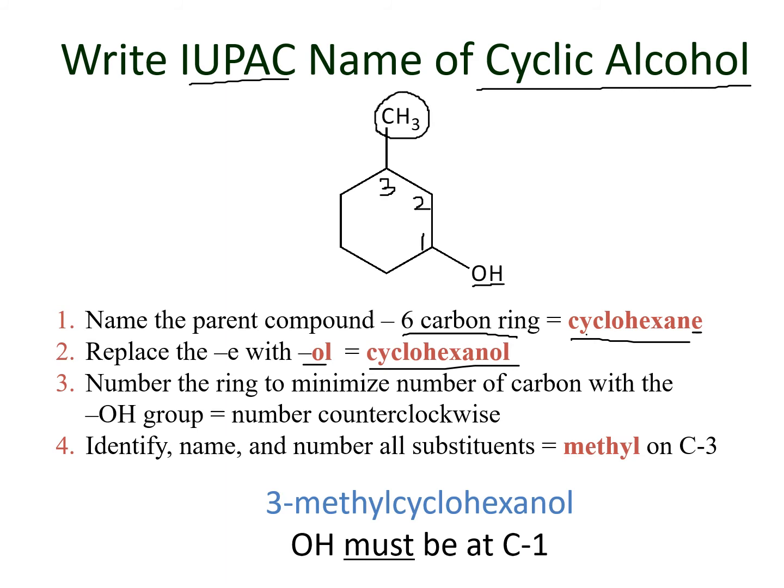So we write it 3-methylcyclohexanol. We don't have to write the number of this hydroxyl group, so we will not call it 1-hexanol, because it is always going to be at position 1. So OH must be at carbon number 1 always. So the IUPAC name for this compound is 3-methylcyclohexanol.